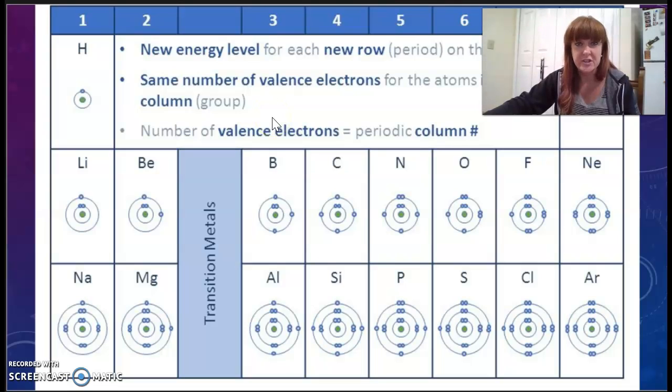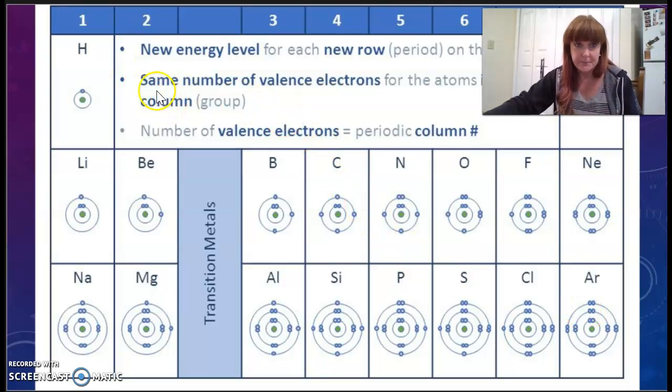Their electrons are just in that first energy level. But by the time we get to lithium, beryllium, all the way up to neon, they hold their electrons in the second energy level also. By the time we get down to sodium, we have to add another energy level. So in the third row, the third period, atoms will have 3 energy levels.